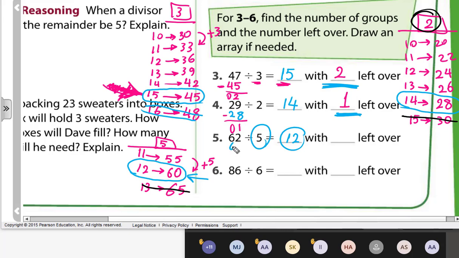We will write the 60 down here to subtract and get the remainder. 62 minus 60: 2 minus 0 is 2, and 6 minus 6 is 0. So we have 2 left over. Thank you, my hero.